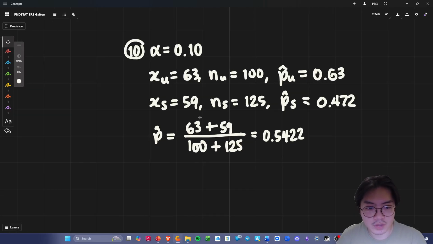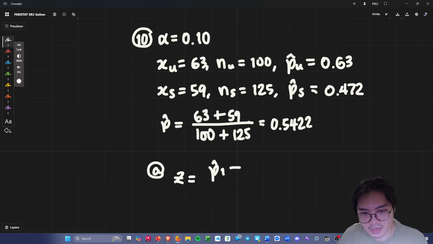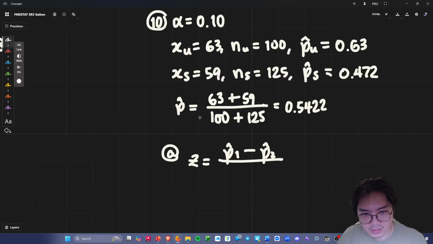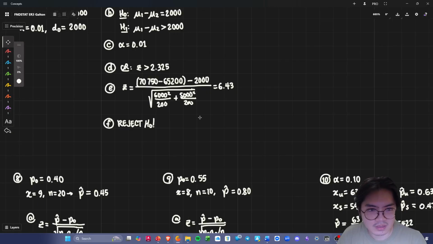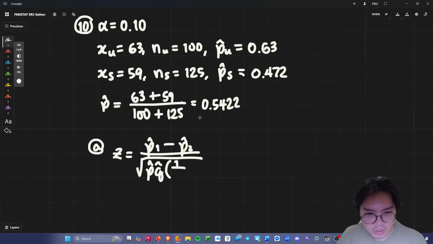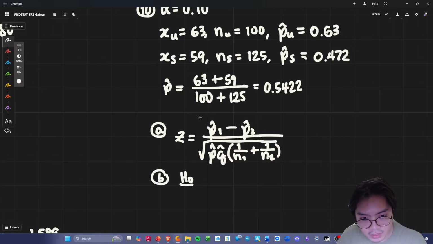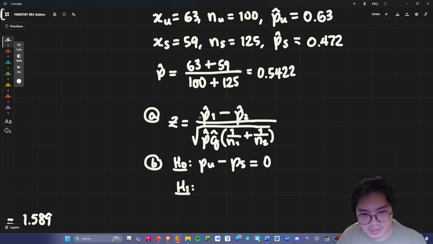Okay, now let's try this out. Of course, there's only one test statistic available. Z is going to be the square root of p hat q hat times 1 over n1 plus 1 over n2. Since we are just testing for differences, not saying that urban is going to be bigger than suburban and so on, that means it's a two-tailed test.